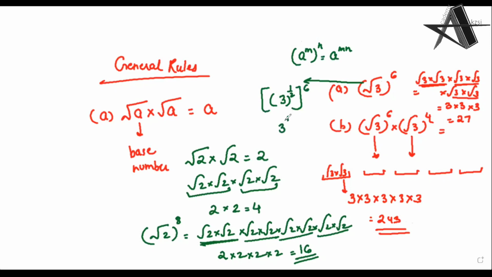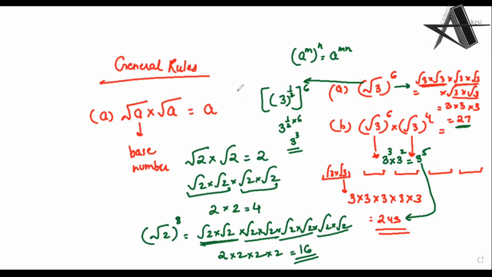So it's 3 to the power of 1 by 2 into 6, which is 3 to the power of 3, which is 27. Similarly, if I apply it here, it becomes 3 to the power of 3 into 3 to the power of 2, which gives you 3 to the power of 5, and 3 to the power of 5 is 243. But since the question is given in the form of surds, we can do it in this way.